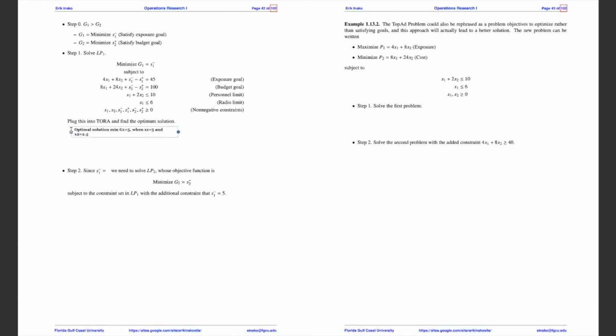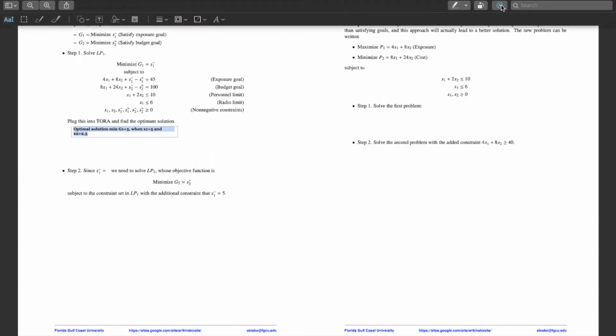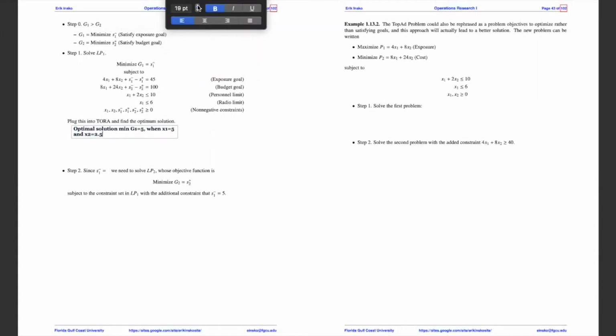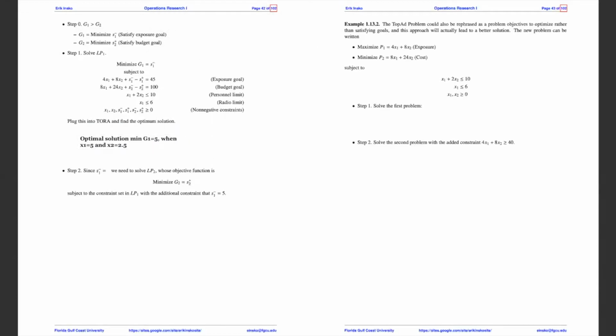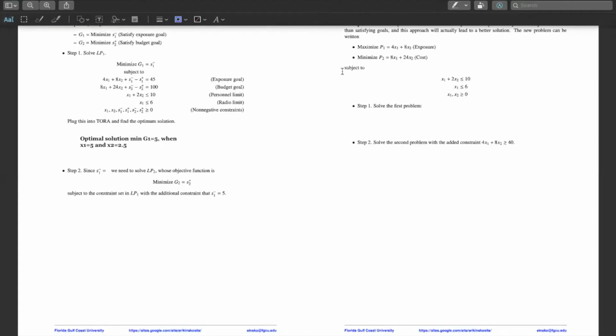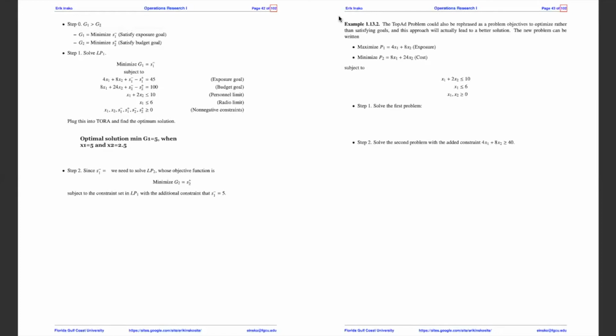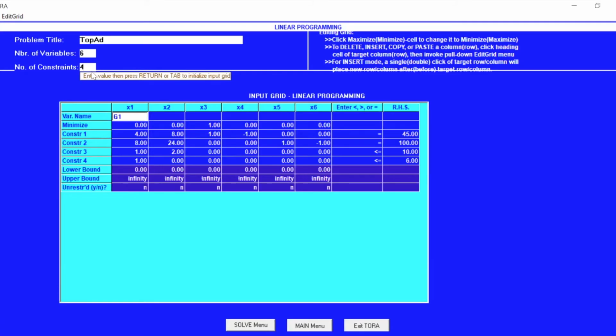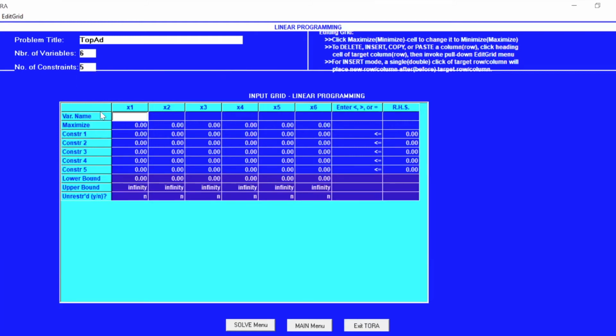So let me make this a little bit bigger so you can see. Okay, now that we have solved our first LP, we can take back that S1 superscript minus is equal to 5 and plug it back into the original problem, now with 6 variables and 5 constraints.